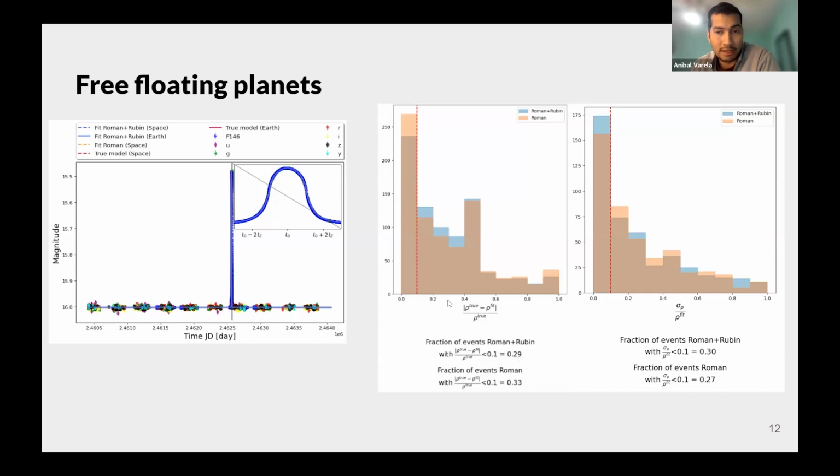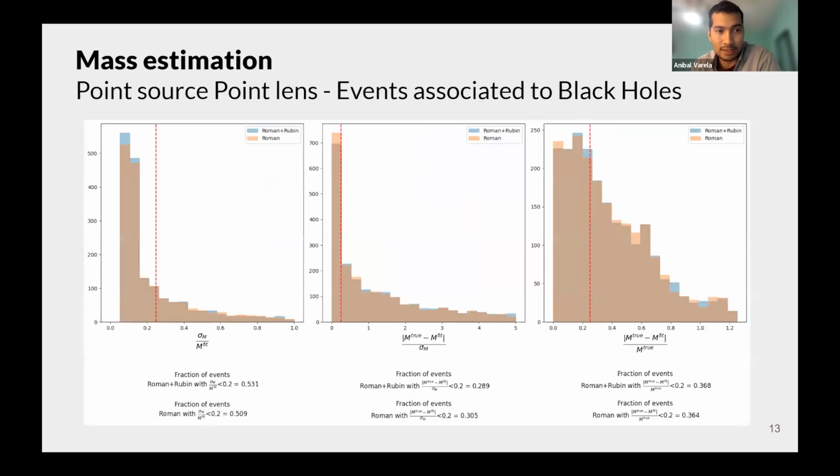And a final way to estimate this improvement is estimating the mass from the light curves and the fits, and comparing it with the true mass.